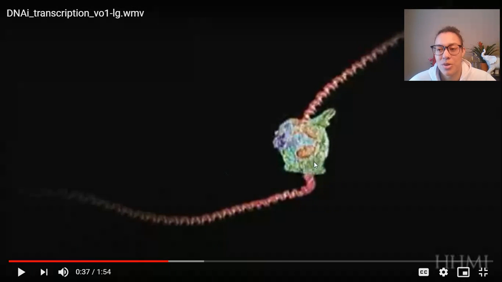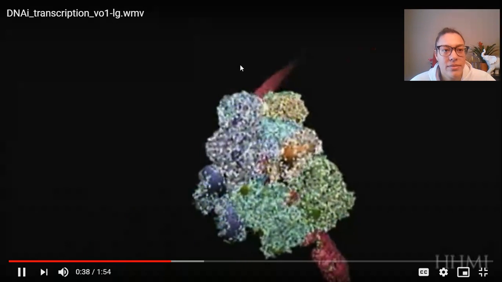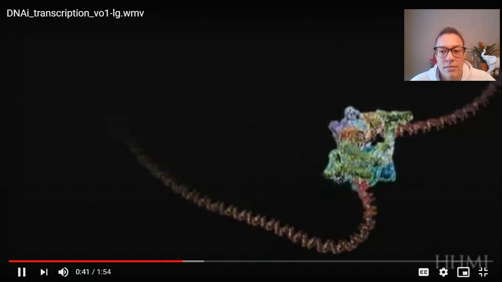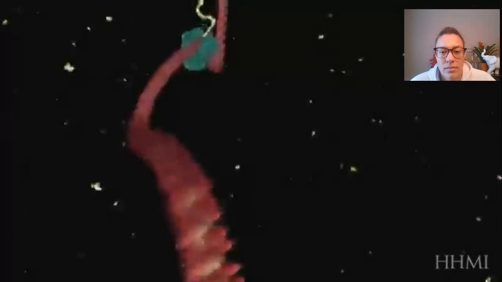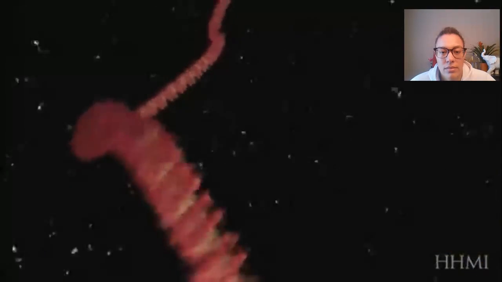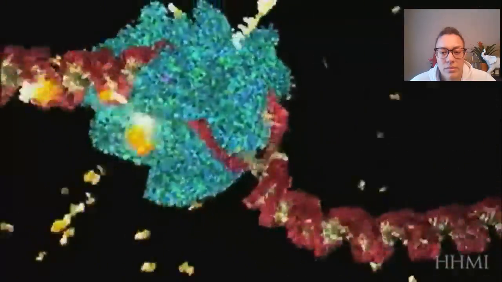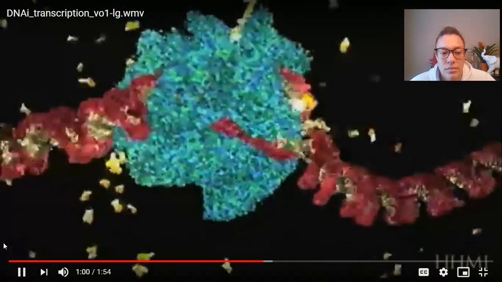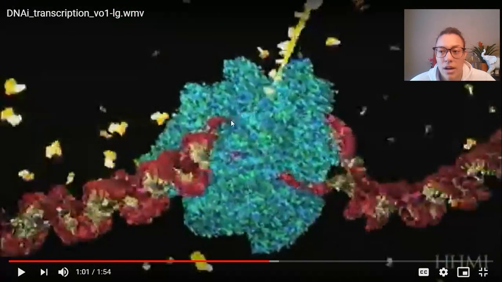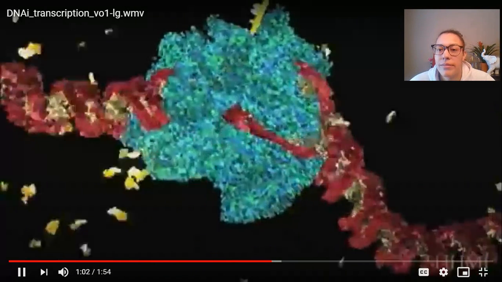There are transcription factors, little molecules that assist in the processing. So that's what's happening where all those things were flying in. So that's our RNA polymerase molecule right there. And then we can see the messenger RNA.